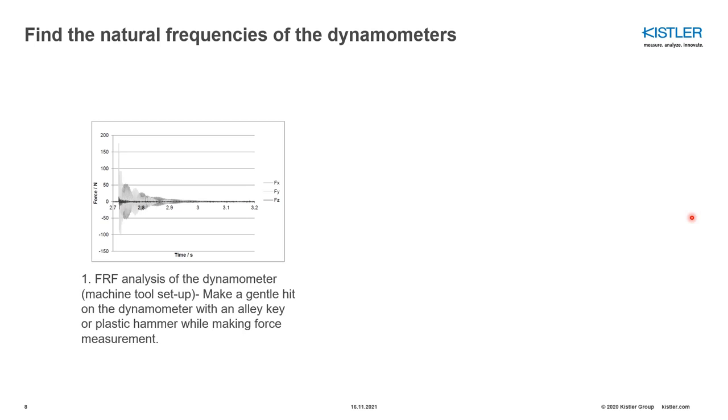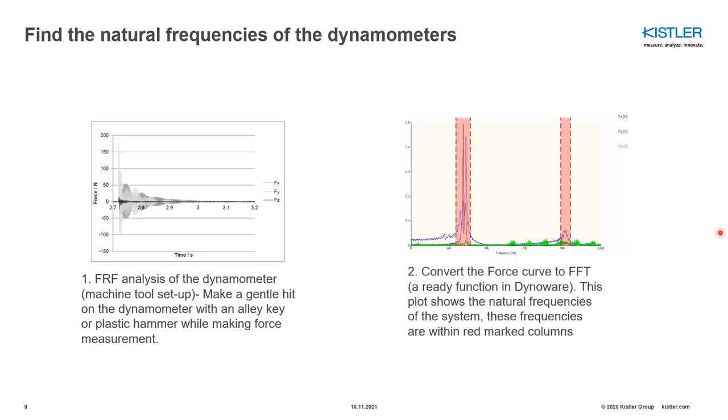So you can use the dynamometer itself to measure the natural frequency with an Allen key, as I said, or a plastic hammer, and you make the measurement in the time domain, as you can see here. Later on, you need to transform this measurement into the frequency domain, and you can also do that with our DynaWare software.